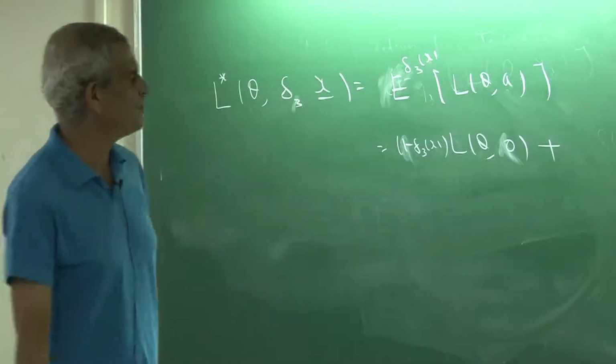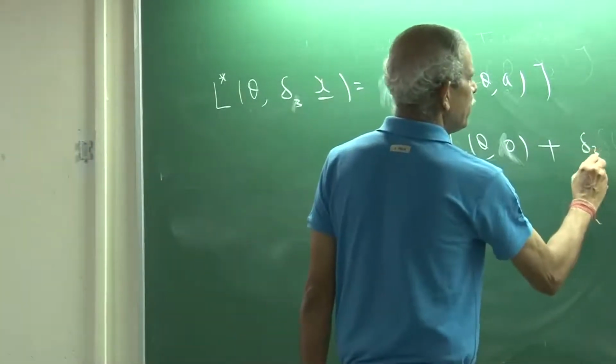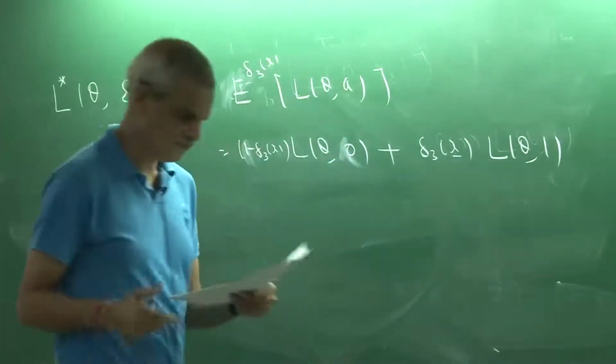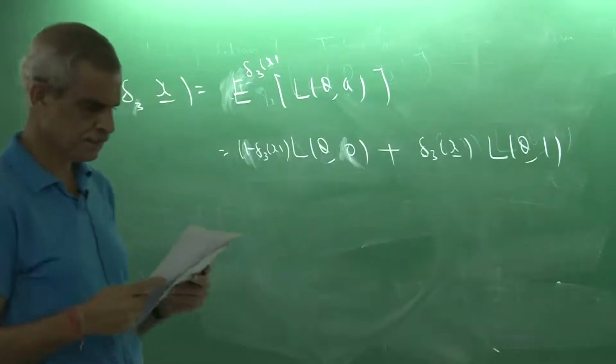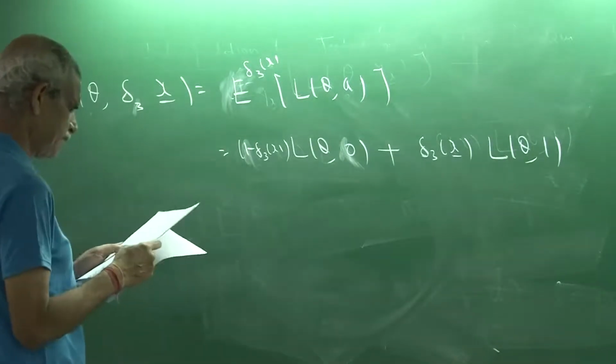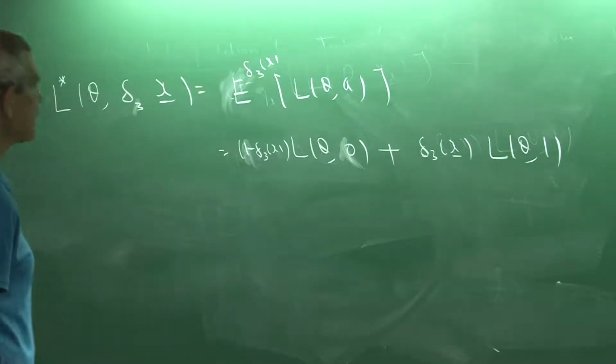Plus taking action a1, which it takes with probability delta 3, times L theta 1. So what does that become?